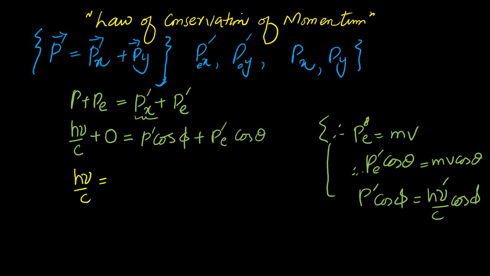to h nu prime divided by c into cos of phi plus mv into cos of theta.